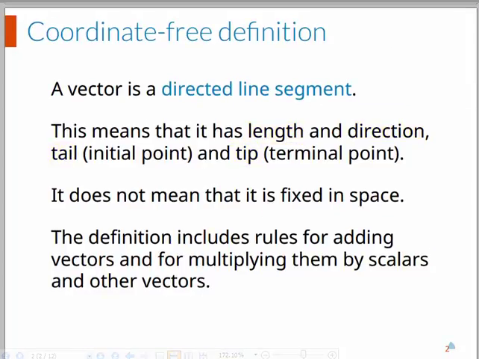This means that if I have a vector, and I'll draw it like an arrow here, and now I move that arrow around and draw the same arrow again over here, it's the same vector, because it has the same direction and the same length. I can even turn it around and put it anywhere I want, and it is still the same vector.